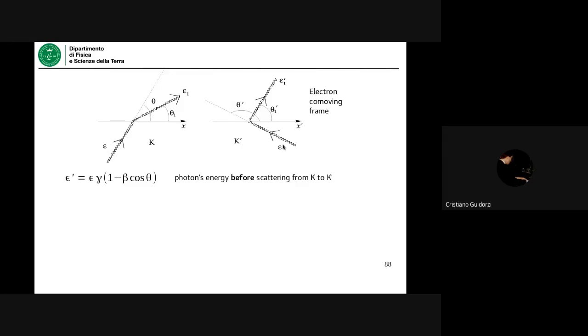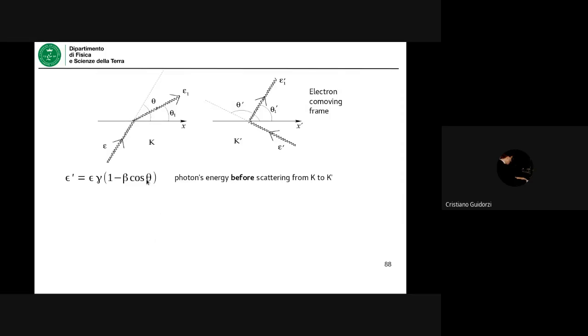If you remember, this is just a matter of applying the Lorentz transformation to the time-like component, the energy component, of the four-momentum of the photon. Given that the momentum of the photon in the lab frame forms an angle theta with the x-axis, and we are considering a boost along the x-axis, epsilon prime is nothing but epsilon gamma times (1 minus beta cos theta).